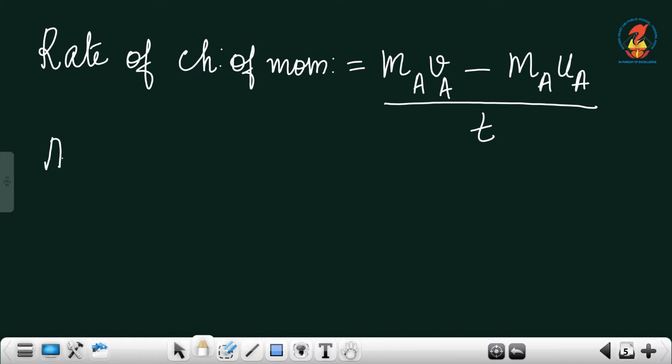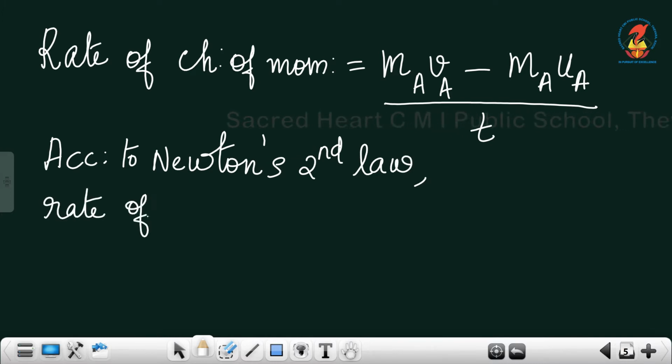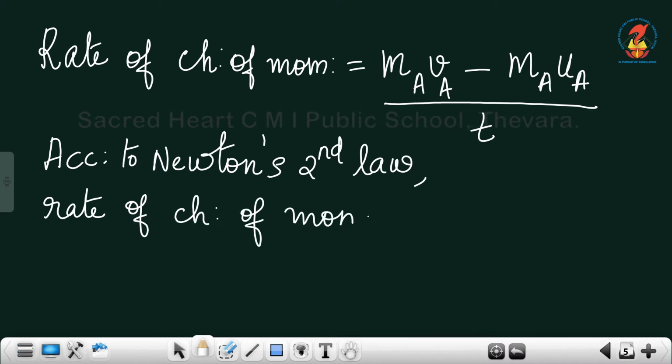Now, according to Newton's second law, we know that rate of change of momentum is proportional to the force.